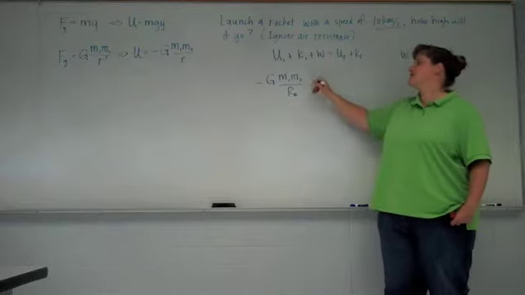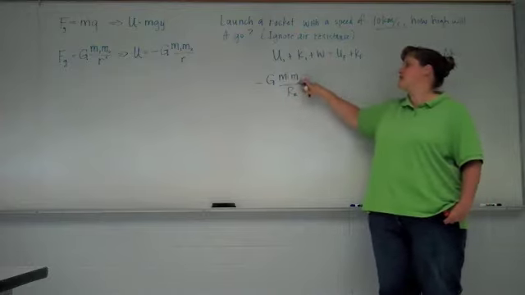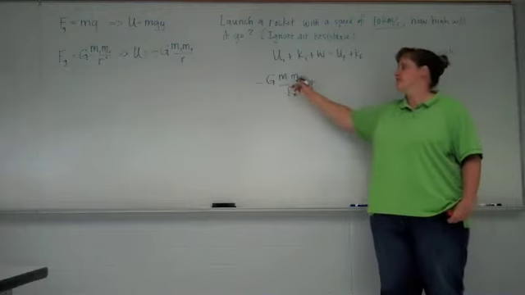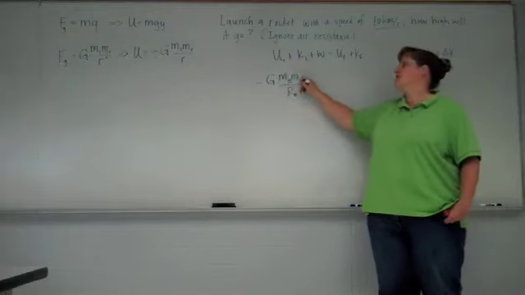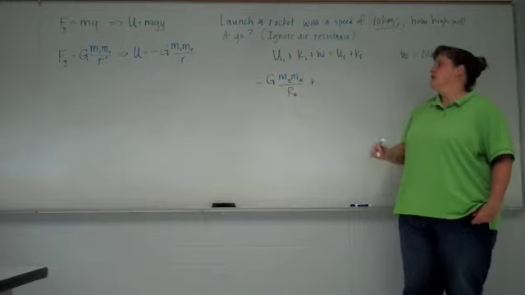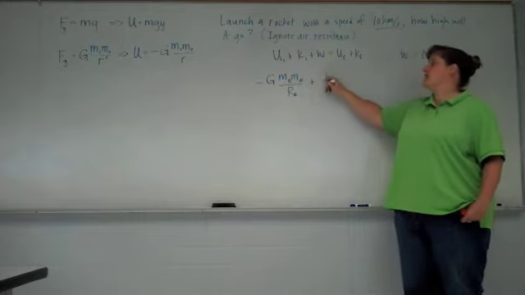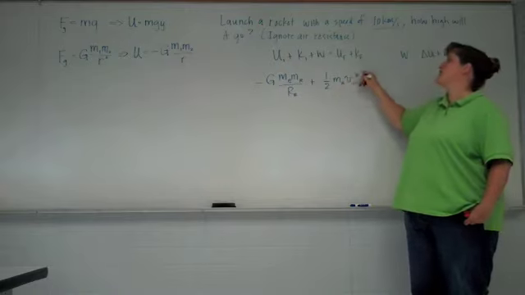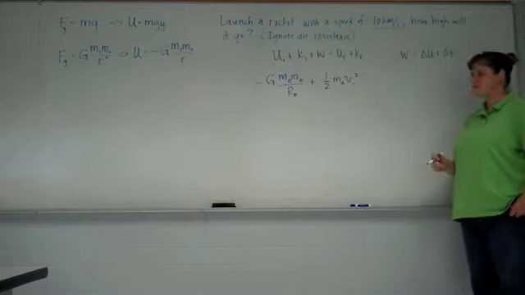Kinetic energy, so let's put these in. Instead of m1 and m2, what are the two objects involved? Earth and the rocket. The kinetic energy of the rocket is 1/2 mass of the rocket times its initial speed squared. We know its initial speed.